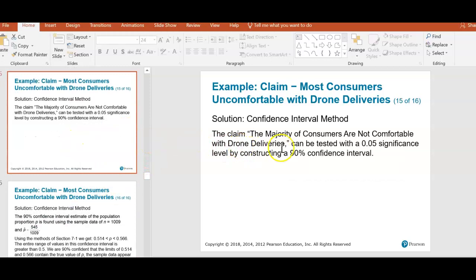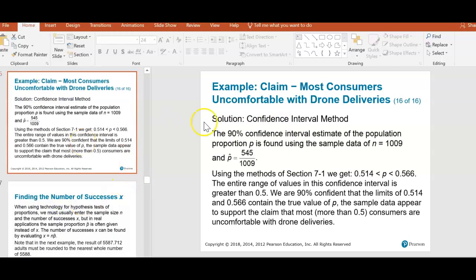Now, what if you wanted to do this with a confidence interval? That's something we could have done in a previous section. If you set up a 90% confidence interval using a p-hat of 545 over 1009, we could have done that in section 7.1. Again, using StatCrunch, we could build a confidence interval, and it would be between 0.514 and 0.566.